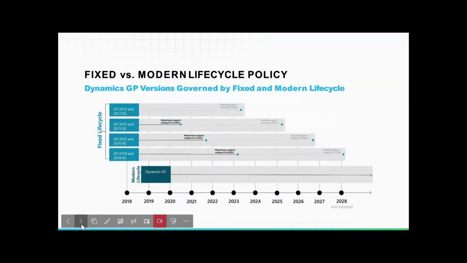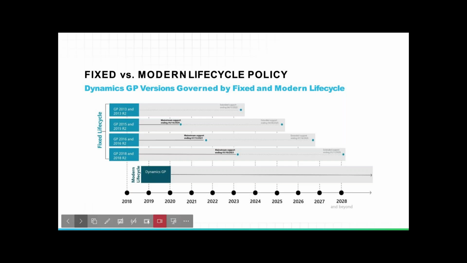Next slide, please. That brings me back to the original roadmap, okay? So it does say 2028 and beyond in the bottom right-hand corner, and maybe I'm wrong about Microsoft needing to push that out, right? I'll be the first to admit it if that's the case, but I don't think that's the case, because the previous slide and the sheer volume of entities leveraging GP these days is really a big value, and I believe that this roadmap will be extended and that companies that want to stay on Dynamics GP can indeed do that.